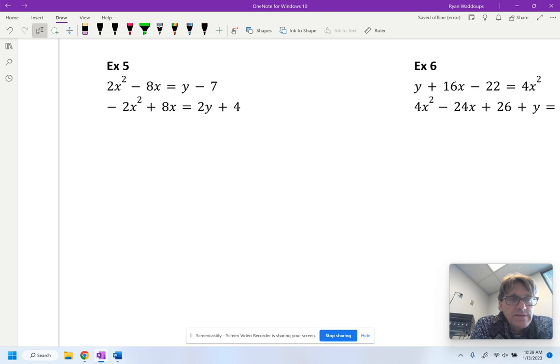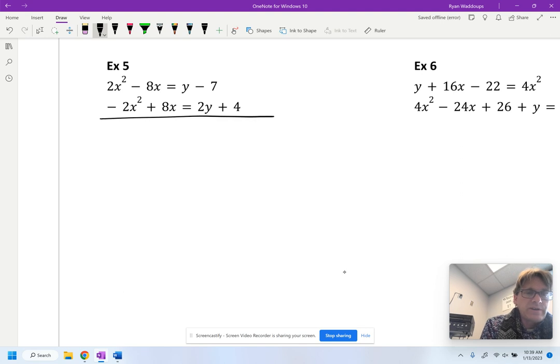You've got 2x squared, and on the bottom when you have minus 2x squared, this is a great candidate for elimination because I don't even have to multiply either of them to get one of the variables eliminated. So 2x squared minus 2x squared, I'm just going to go ahead and add those together. They basically cancel each other out.